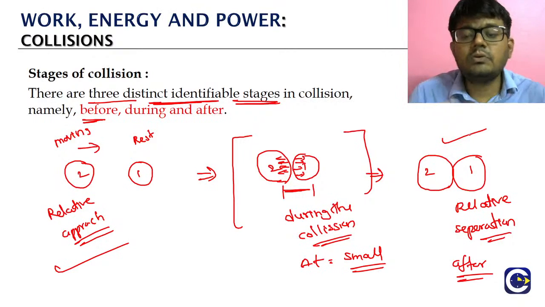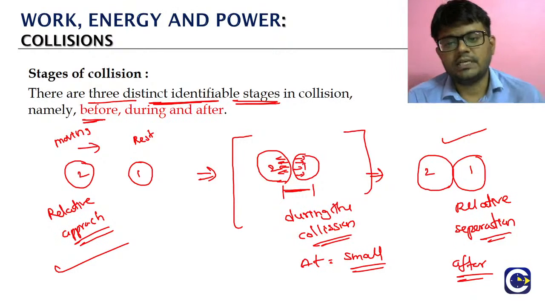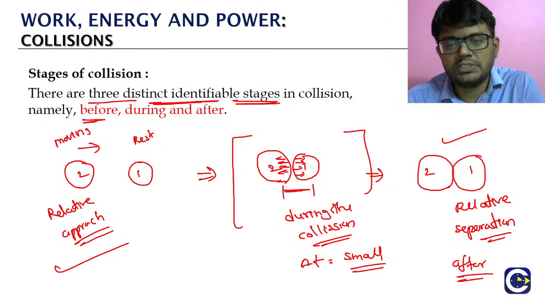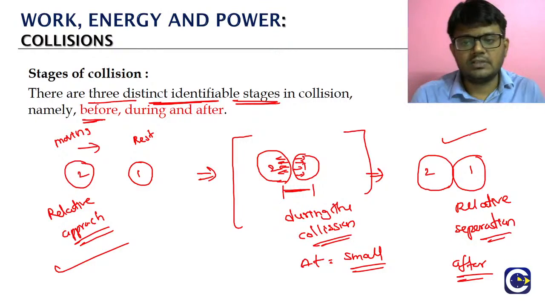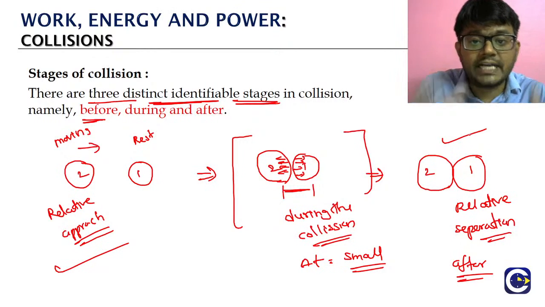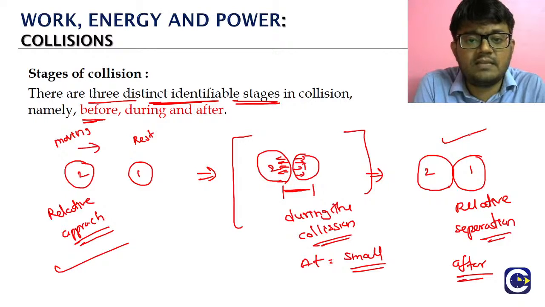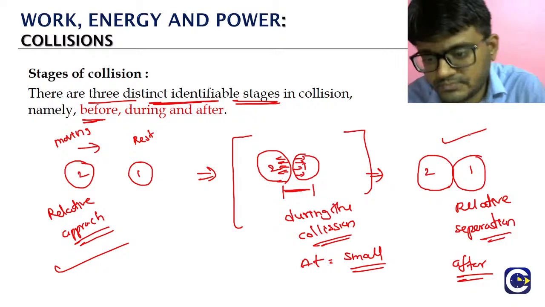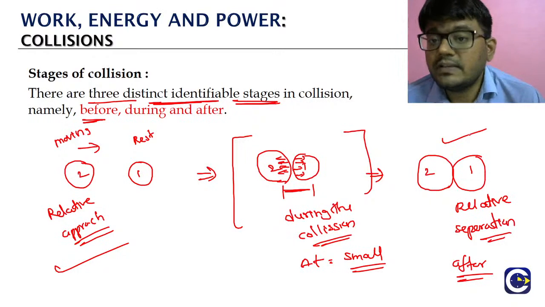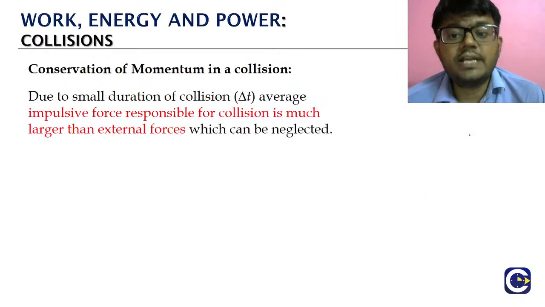But this is about the three stages of the collision: before, during, and after. When we study a collision, we mostly focus on before and after. Why not during the collision? Because that is a very small time, less than a millisecond, so we can't really study anything over there.